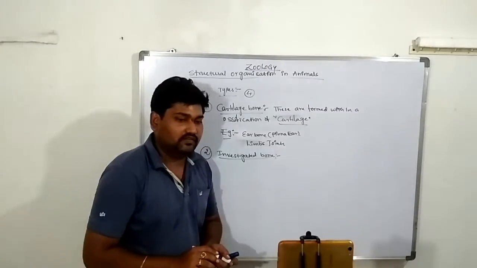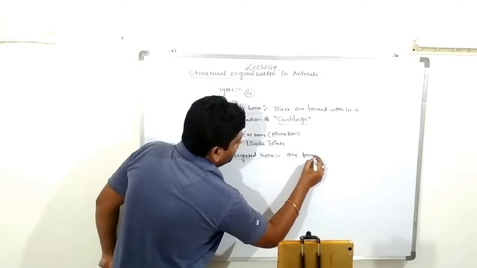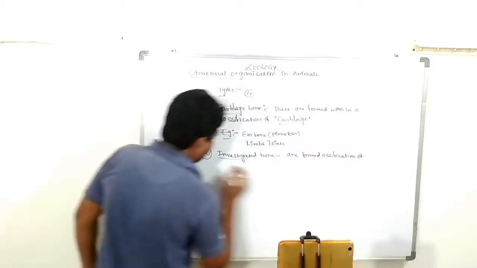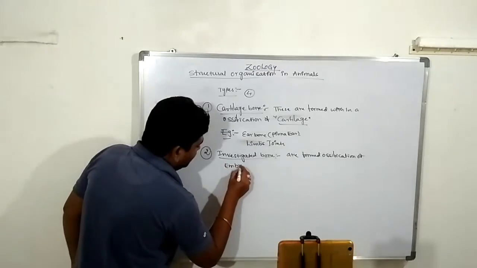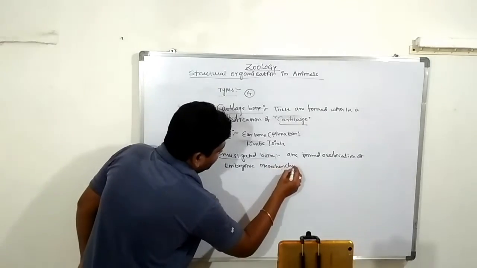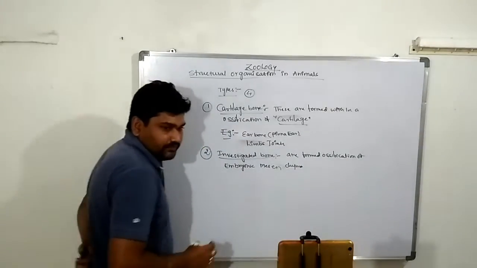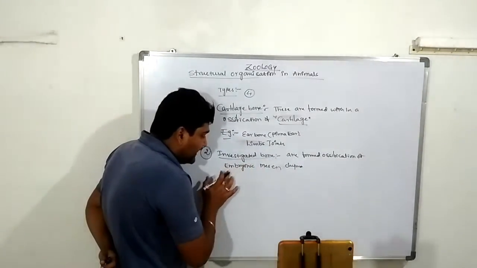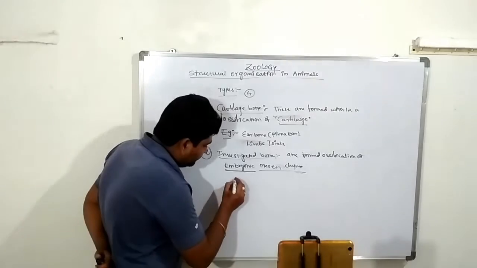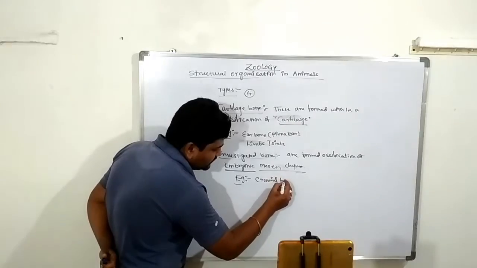These are formed by ossification of embryonic mesenchyme. Are you clear? These types of bones are formed in embryonic development in the mesenchyme, the middle layer of the embryo. Examples: cranial sutures or cranial bones.